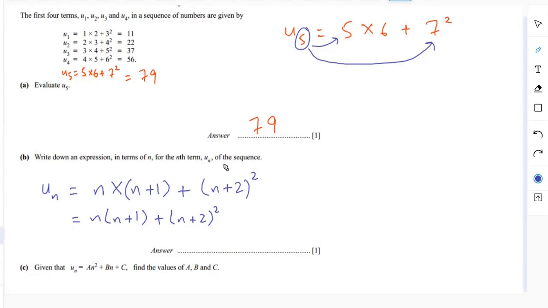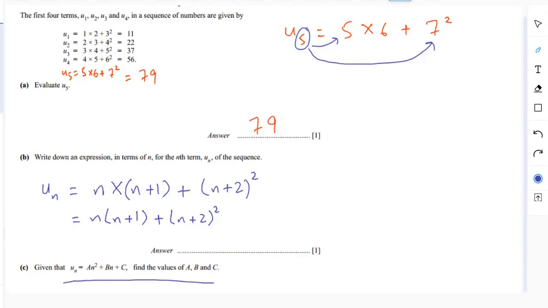All right, अब देखिए vertically आपका क्या pattern बन रहा था, you figure that out and you write down those values here like this. Okay, now once we have this, we have the nth term formula. अब वो कहते हैं given that un is equal to an square plus bn plus c, find the values of a, b and c.